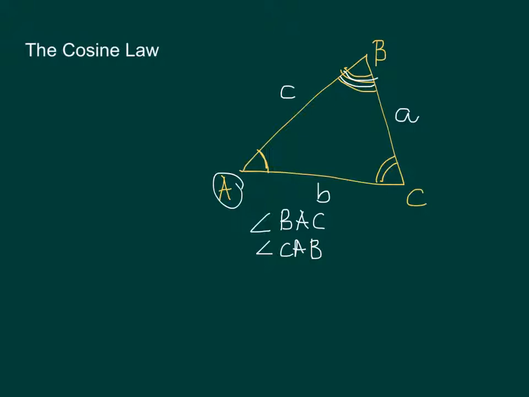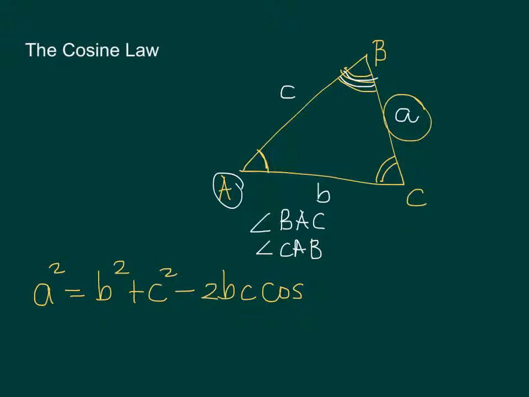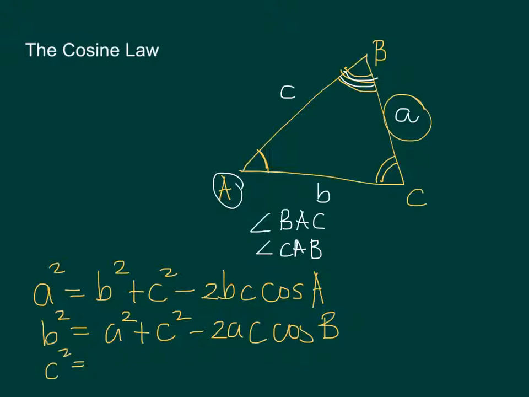The relationship is basically, if I pick a side, say A, the square of A is equal to B square plus C square minus 2BC cosine of the angle opposite the side A, which is the angle A. In the same manner, B squared is equal to A squared plus C square minus 2AC cosine of the angle B. And C square is equal to A square plus B square minus 2AB cosine of the angle opposite the side C, which is angle C.